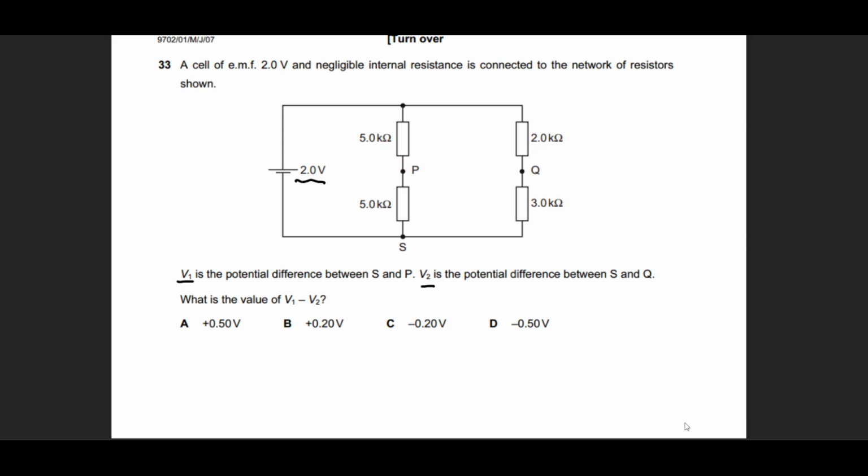He says that the V1 is actually the voltage between S and P, which means that this voltmeter is connected like this. This is V1 like this, and V2 is connected between S and Q. So it looks something like this, that this is where the voltmeter is connected, and the second terminal of the voltmeter is actually connected at this point.